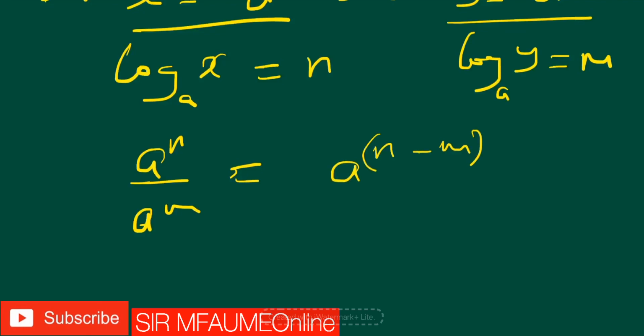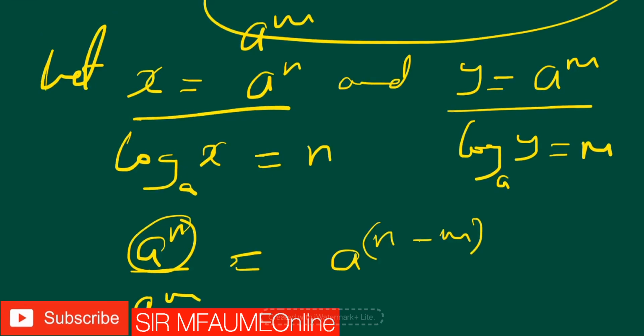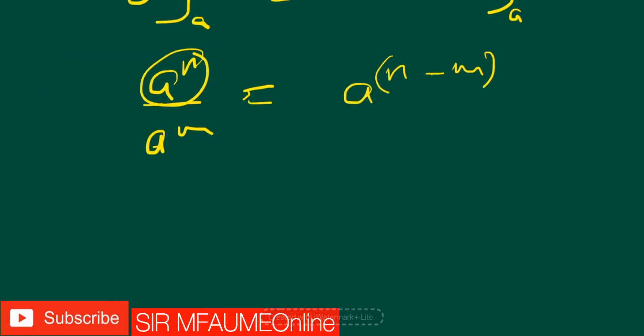But what is a exponent n? That a exponent n is equal to x. And what is a exponent m? This equals y. So you have to plug it in: a exponent n, which equals x, over a exponent m, which equals y, is equal to a exponent n minus m.